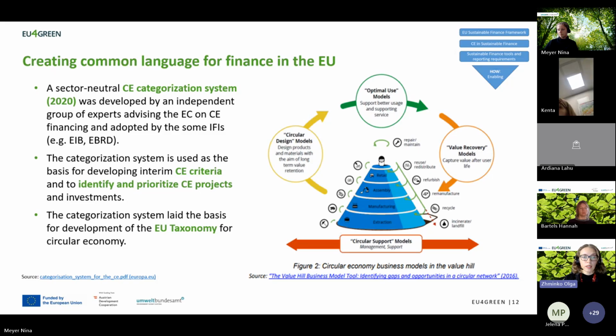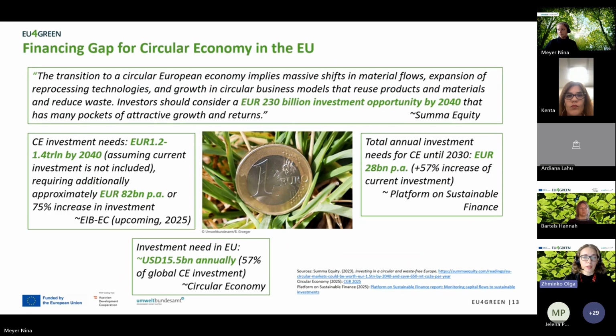So on the next slide, you can see that there were different assessments of the financing gap for circular economy in the EU. Summa Equity, for example, in 2023 assessed the need as a 230 billion investment opportunity by 2040, which is not that much.